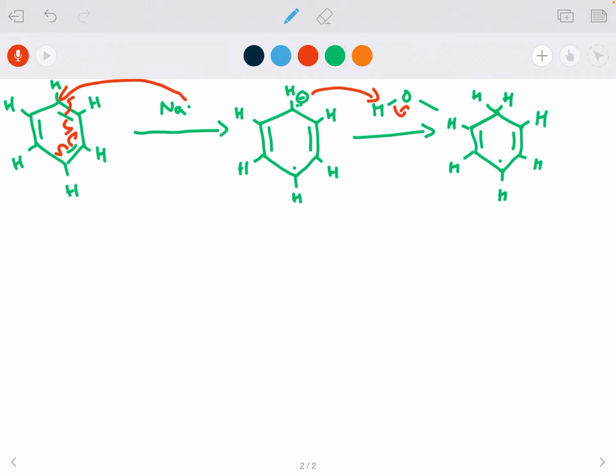So next step is another free radical step, but much simpler than the first one. All that's going to happen is the sodium is going to come into here, and now I'm going to get an anion. So instead of a radical, I have the anion.